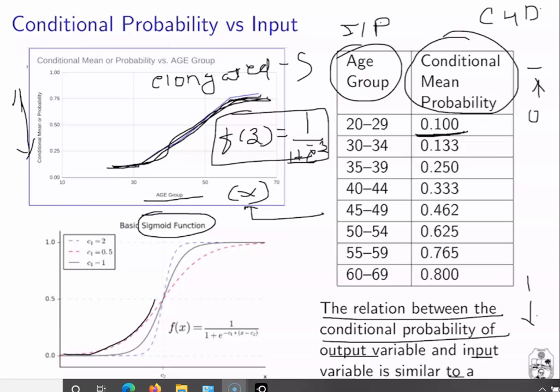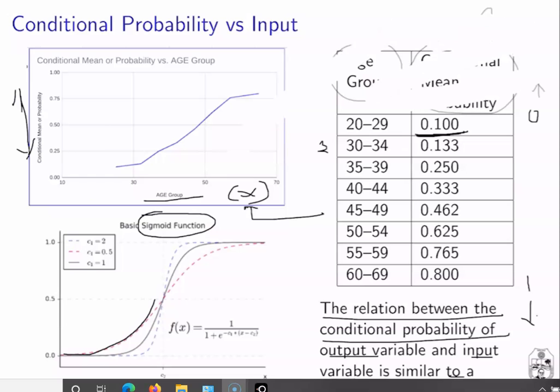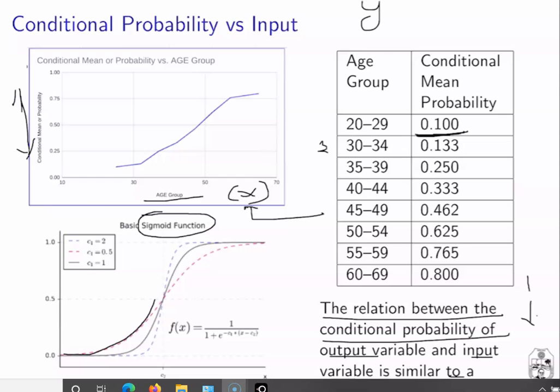We have seen that the equation of a line is y equal to mx plus c. Now the equation of the sigmoid function is f of x or y equal to 1 divided by 1 plus e to the power of minus z.